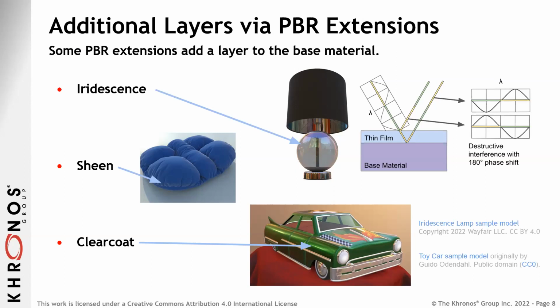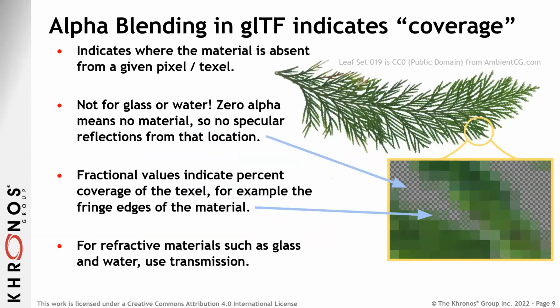It has the interesting property that the layer of film that it adds is so thin, it's on the order of hundreds of nanometers thin, and it causes light to interfere with itself when it reflects off of the top versus the bottom of that thin layer, like an oily substance almost. It produces this sort of rainbow pattern of colors that you wouldn't otherwise get from the material itself, which is kind of a cool effect.